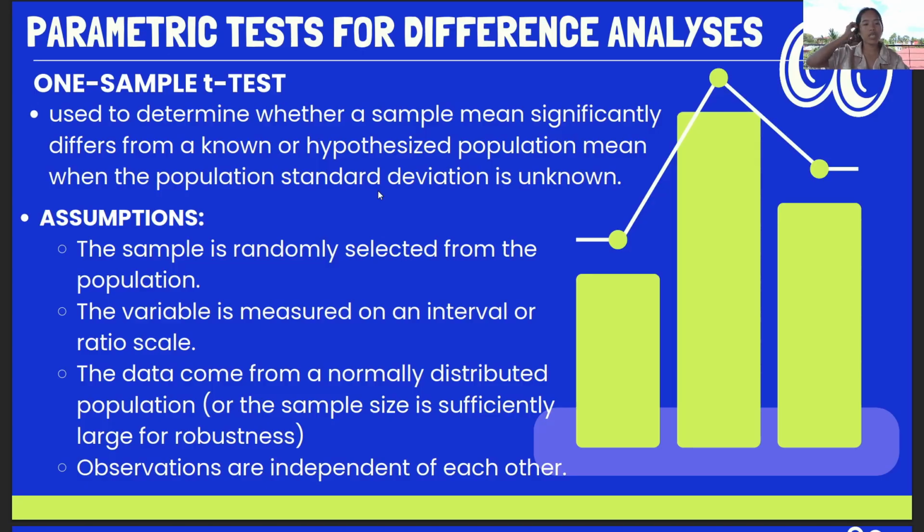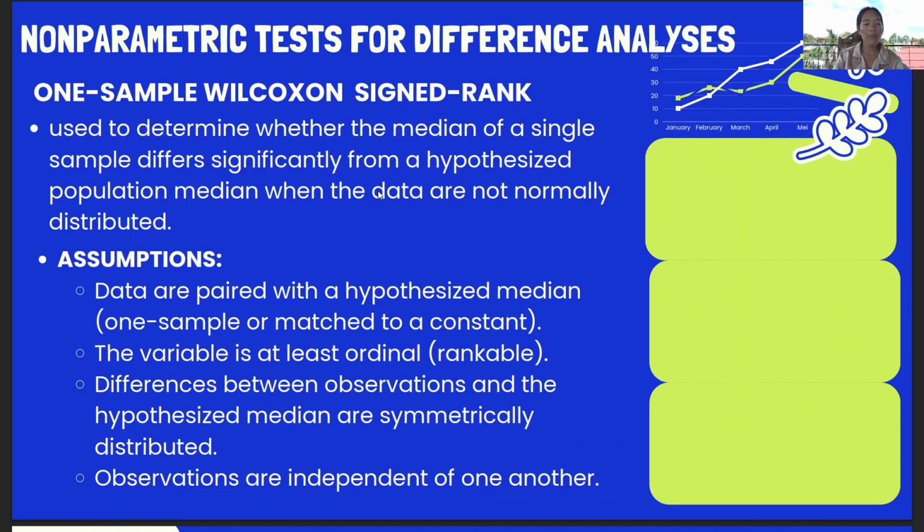We have four assumptions in this parametric test. First, the sample is randomly selected from the population. Second, the variable is measured on an interval or ratio scale. Third, the data come from a normally distributed population or the sample size is sufficiently large for robustness. And last, observations are independent of each other.